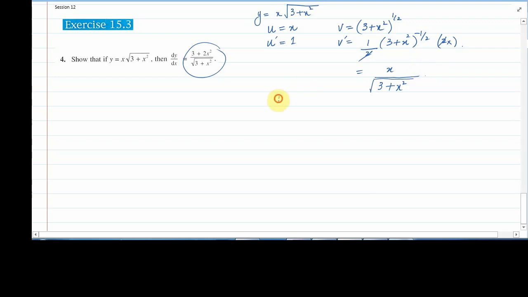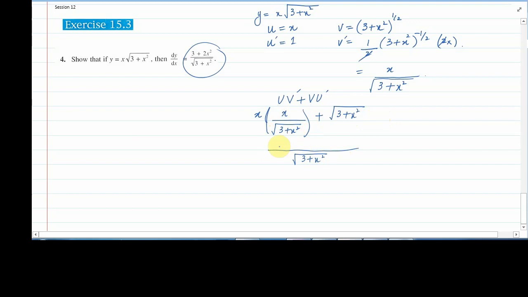It says that u derivative of v plus v derivative of u. So now the u is what? U is x, derivative of v, that is x divided by under root of 3 plus x square, plus v is what? Under root of 3 plus x square, and derivative of u is 1. You need to take the LCM here, so LCM is under root of 3 plus x square.